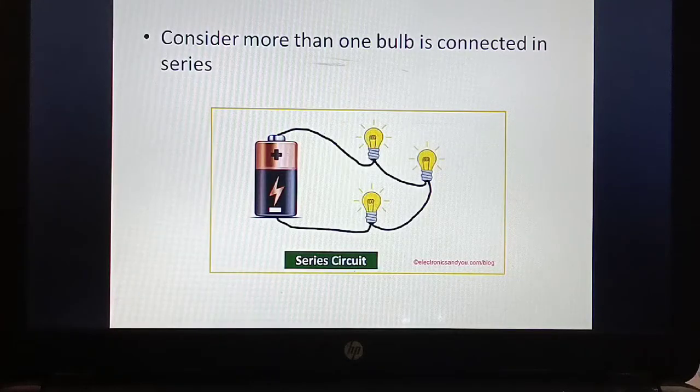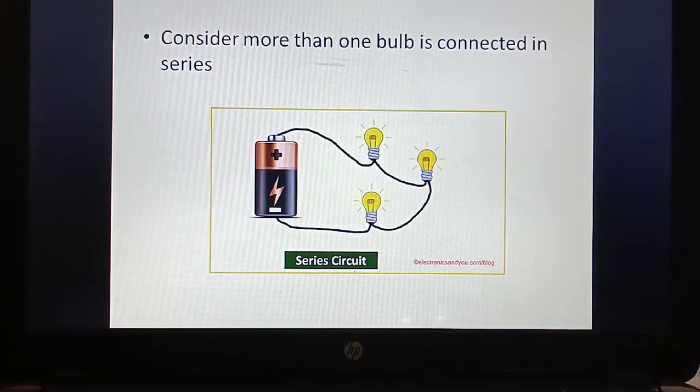Sometimes you might have heard at home they say, today voltage is less, isn't it? So if you connect the bulbs, current will be the same but the voltage will be different. What changes can you see in the circuit if I fix them in series? We will learn that.